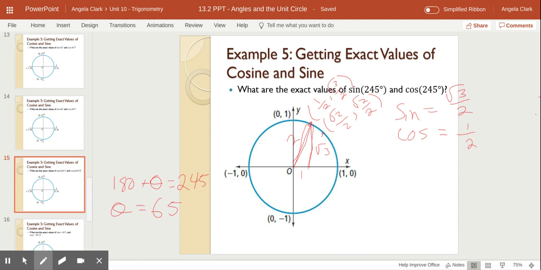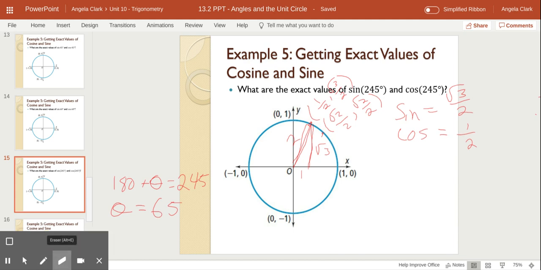Still not all of them, but more than we have now. But for now, the only exact values that we can find are for quadrantal angles and angles that have reference angles of 30, 45, or 60. Those are the only ones. So we can't actually find exact values for this one.